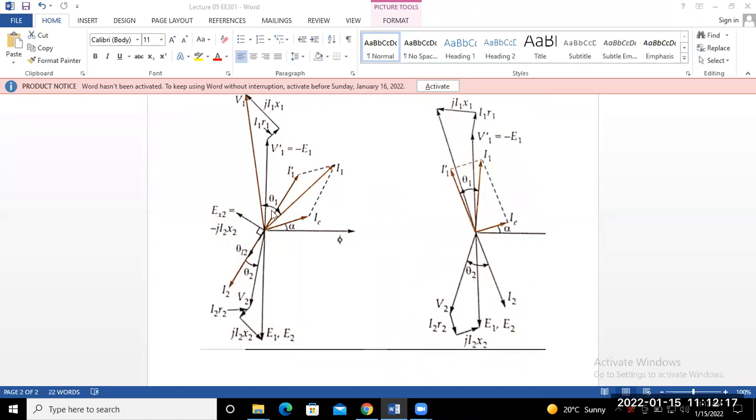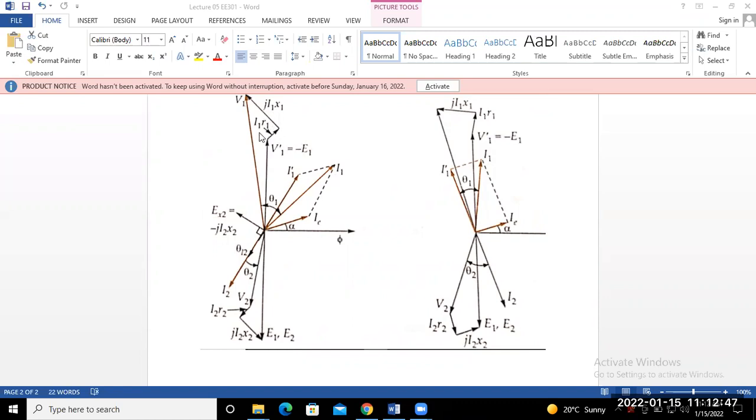Okay, and similarly for the primary side, in the no load condition we just considered that V1 dash is equal to the opposite of the EMF induced. But in an actual transformer, V1 is not equal to that because of the voltage drop in the winding, that means due to the resistance and reactance.